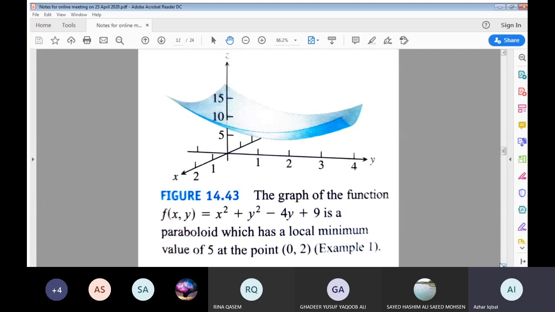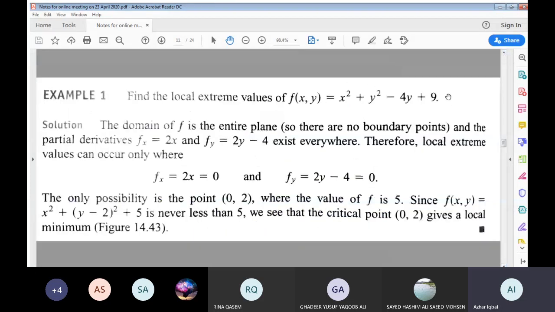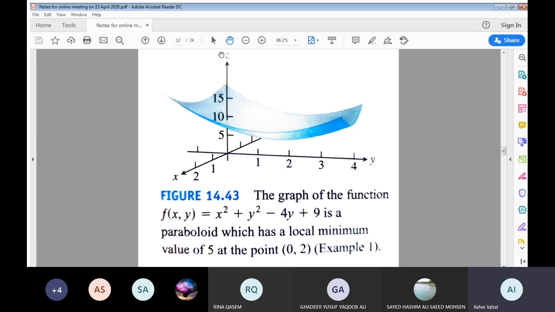Now this is the graph of the function x squared plus y squared minus 4y plus 9. If you plot this function in 3 dimensions, you get this surface plot, with z here and x and y. The graph of the function f of x y is a paraboloid, which has a local minimum value of 5 at the point 0 and 2.